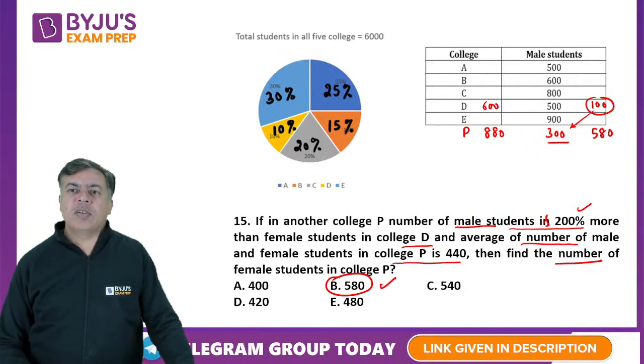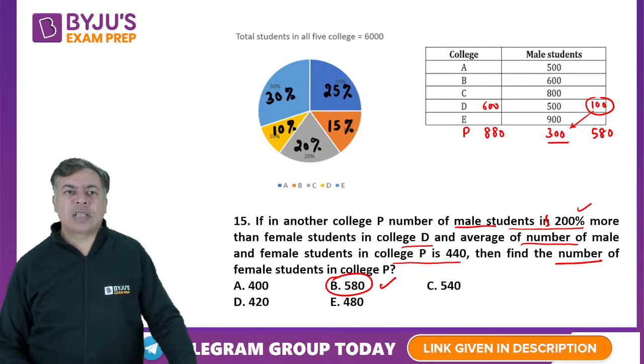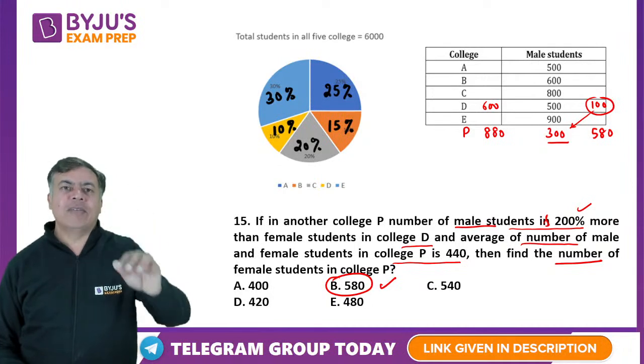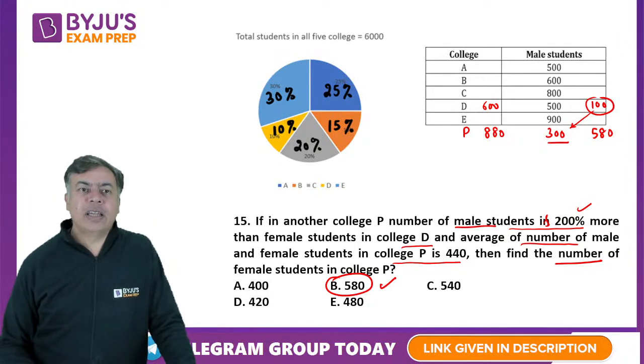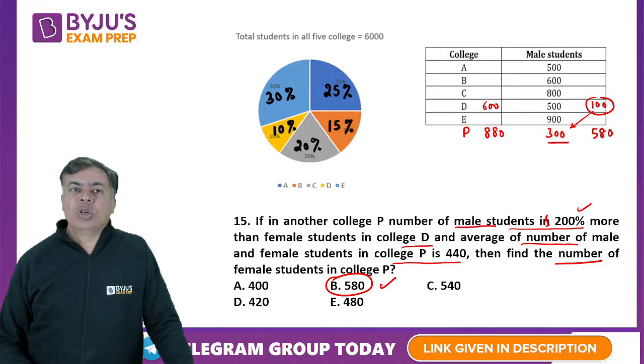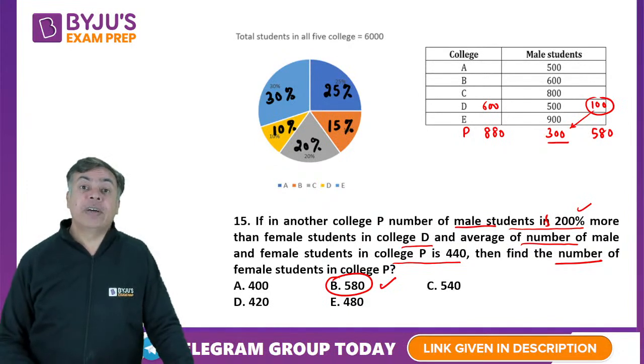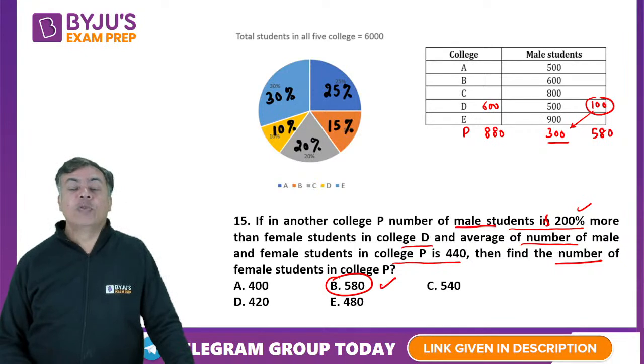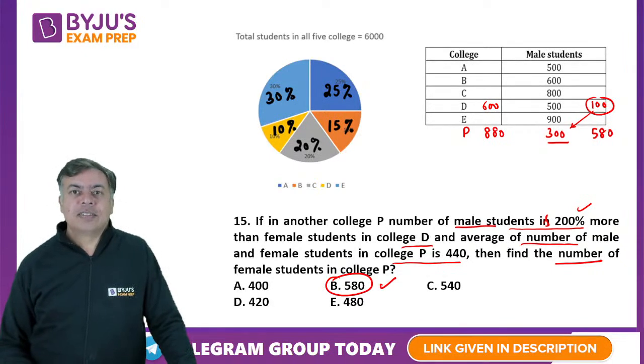So there will always be scope for slightly average or above average difficulty questions. You should be careful. Read the question carefully. You should know the basic concepts. If you know the concept, even if these questions are easier, you will do it very fast.